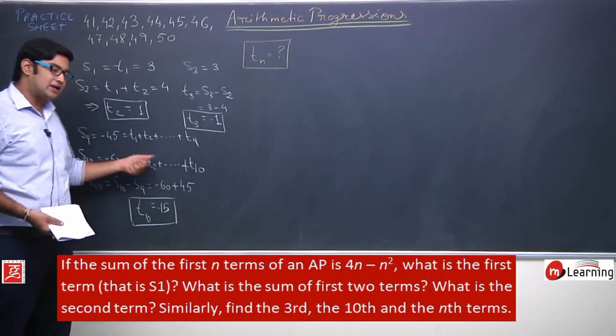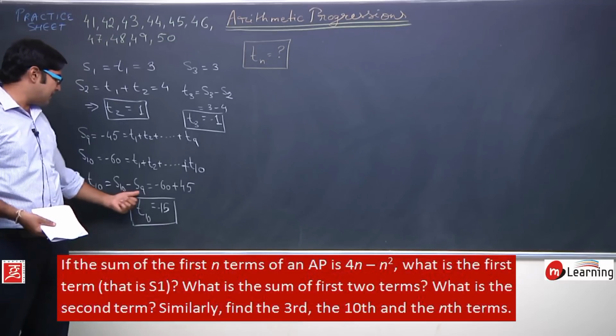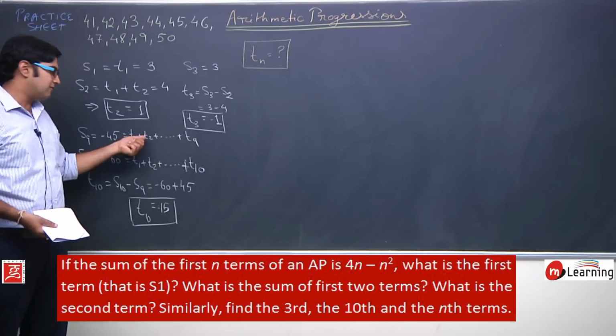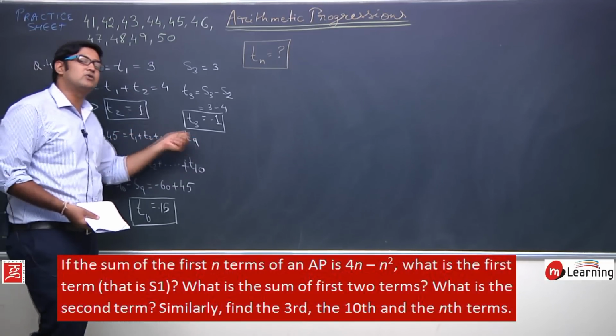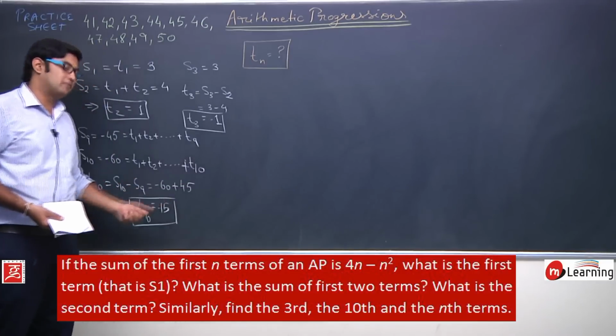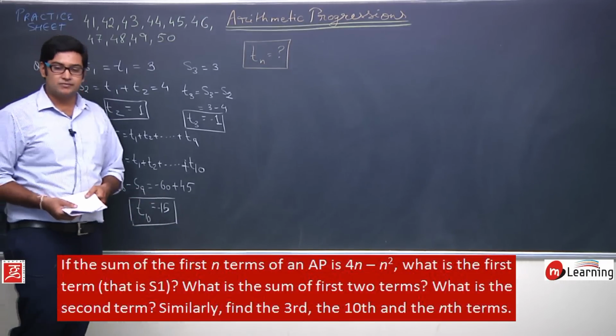If I subtract S9 from S10, the terms from T1 to T9 get subtracted and we are left with only T10, which is minus 15.